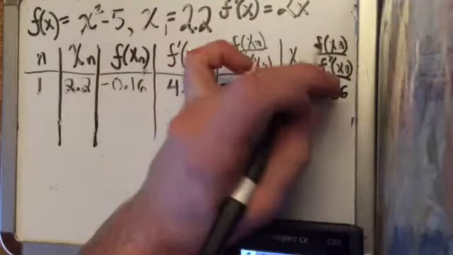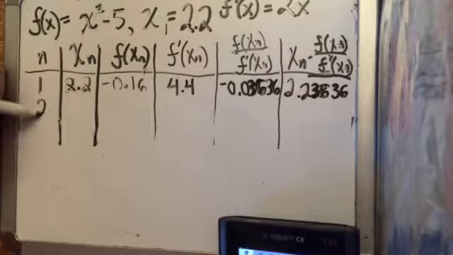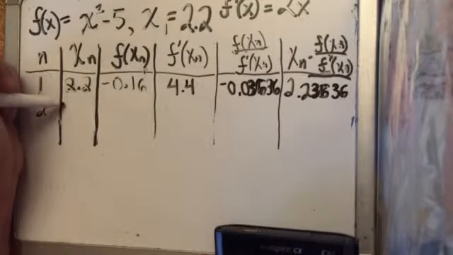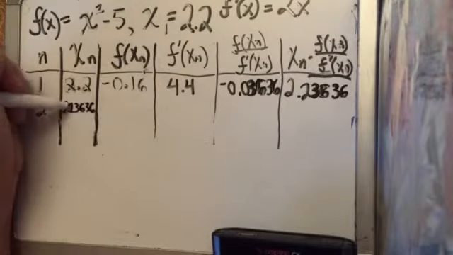So 2.23636 becomes x sub 2. So n is 2, and it's 2.23636.